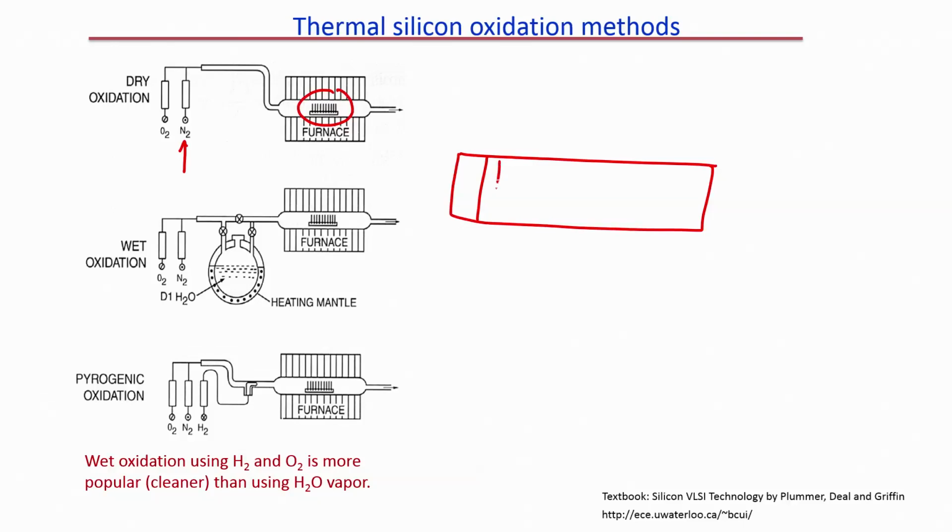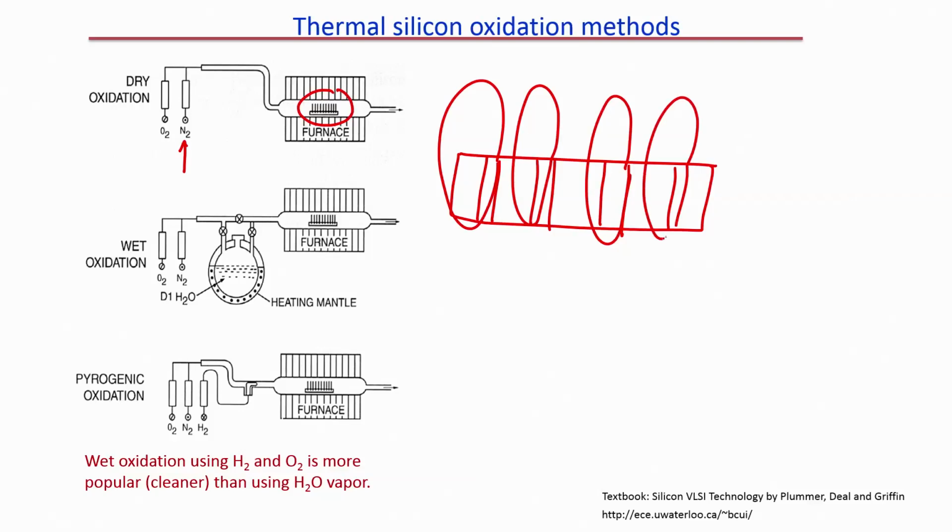The wafer holder would have slits to hold the wafers. If you see a cross section you will just see like this, right, which is shown here.